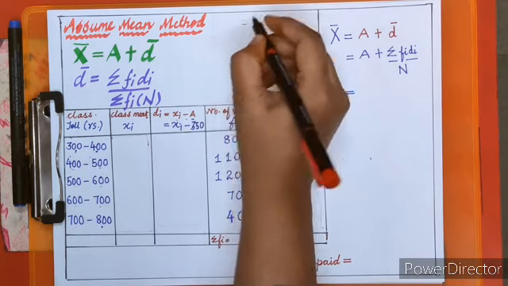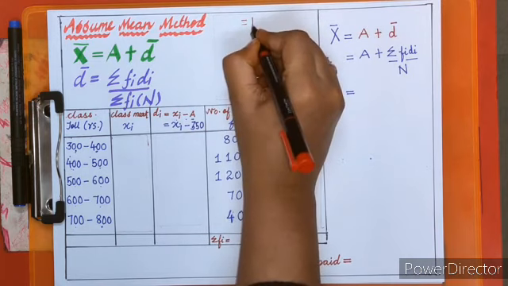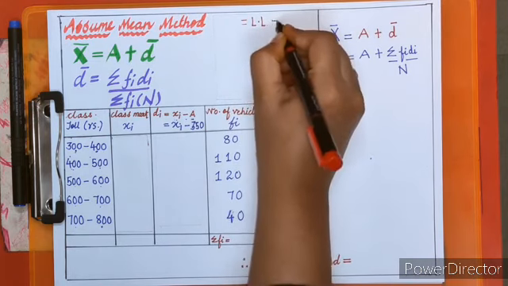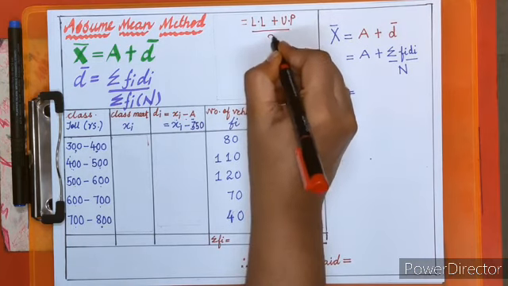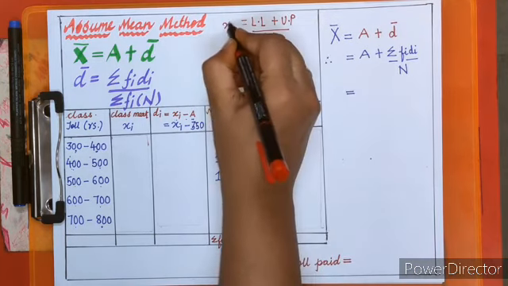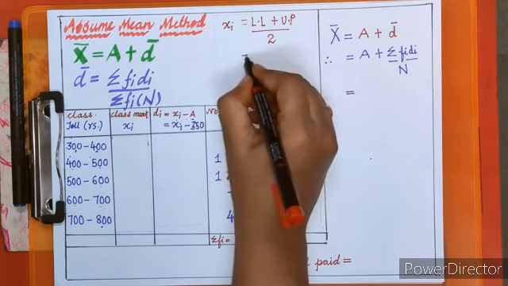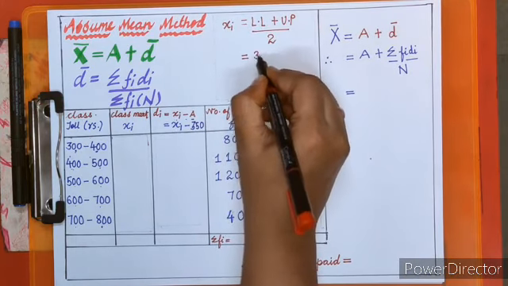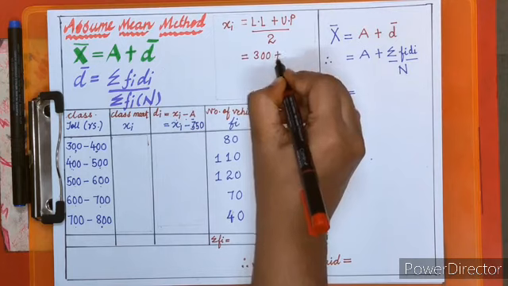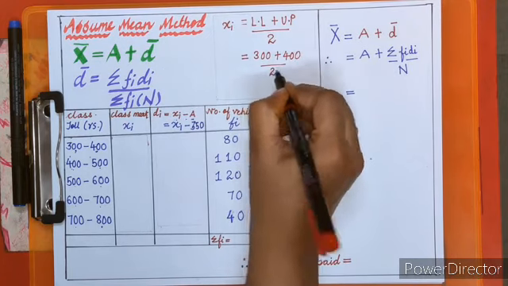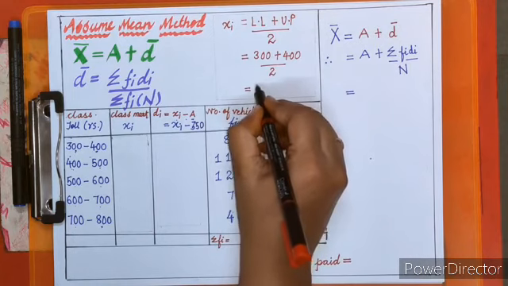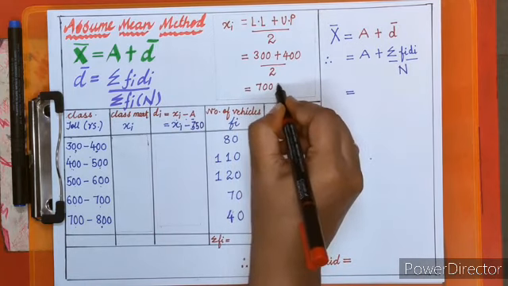So we will find the class mark by solving here. We will recall the formula: lower limit plus upper limit divided by 2. So your first class mark will be 300 plus 400 divided by 2. 300 and 400 gives you 700.